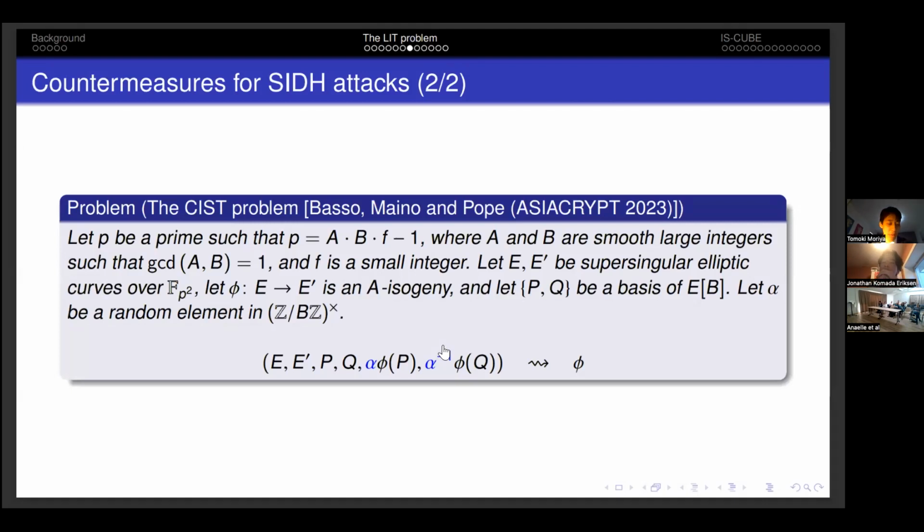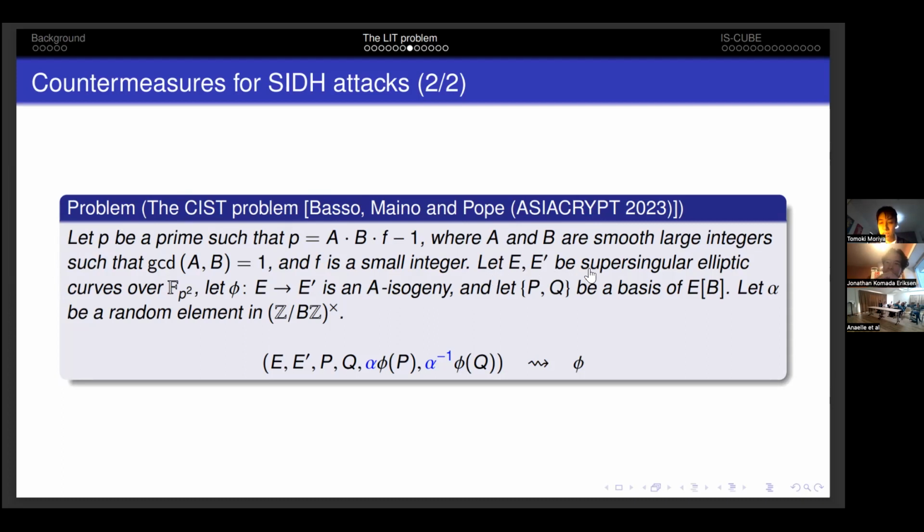Okay, then I want to explain the LIT problem, but I guess I should explain the CSIDH problem before I introduce the LIT problem. So I explain the CSI problem. It is a problem of FESTA. Let p be a prime such that p equals A times B times f minus 1, where A and B are smooth large integers, such that these are coprime, and f is a small integer.